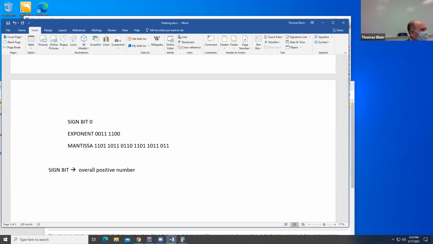Some people, I just remember like 0 is for positives and 1 is for negatives. Some people will take -1 and raise it to the sign bit. So if you raise anything to the 0 power, other than 0, that's weird, you get 1.